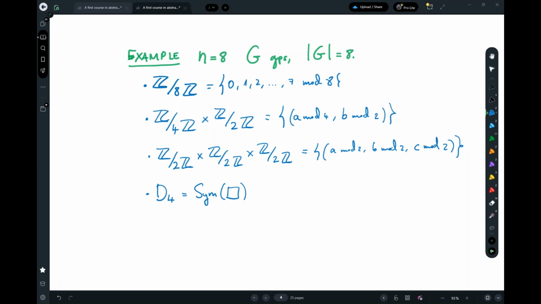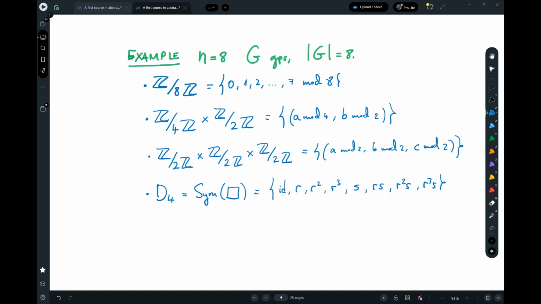The rigid motions of the square, and we saw that this has the identity symmetry, and then a rotation of 90 degrees, a rotation of 180, a rotation of 270, and then the next one would be again the identity. There's also a reflection that goes through one axis, and then rs, r square s, and r cube s. These are all the elements, and there are 8 elements.